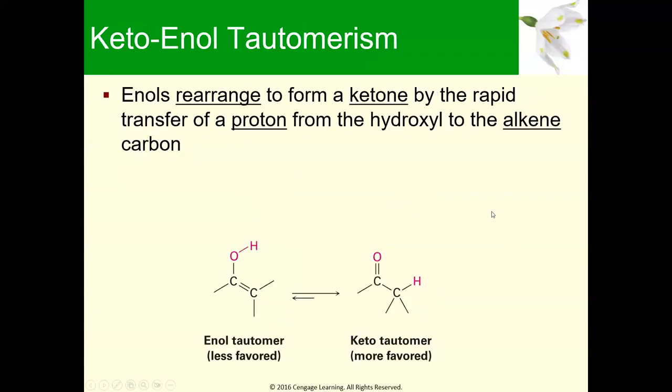All right, what's unique about the enol functional group is that usually it doesn't like to exist in that form. It will rearrange and transform into a ketone. Okay, and the way it does this is the oxygen gets rid of its hydrogen and drops it onto the adjacent carbon.